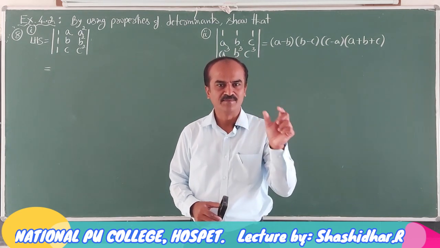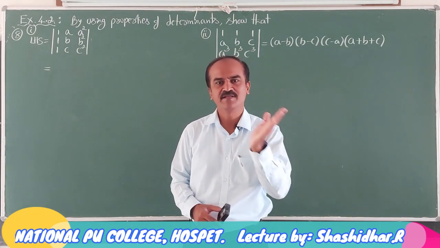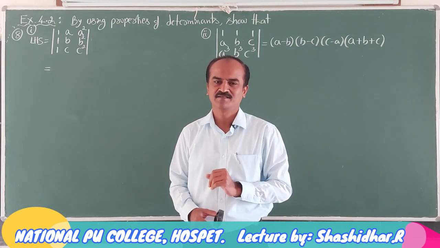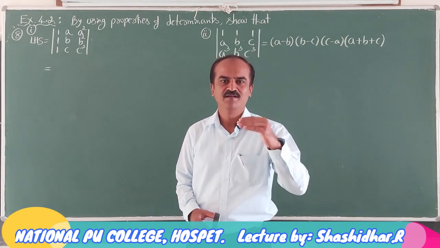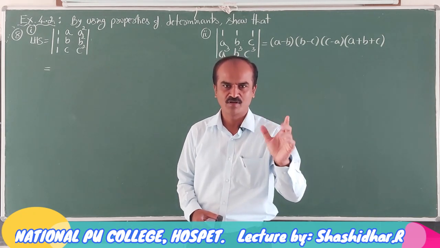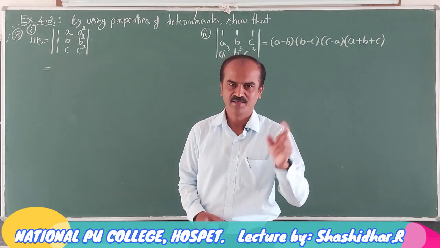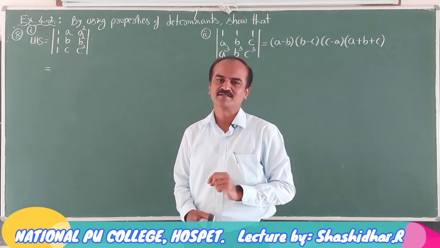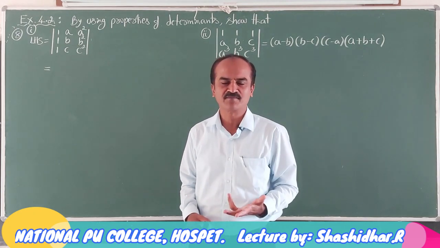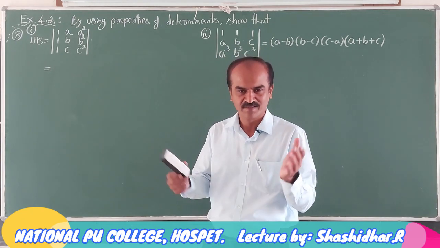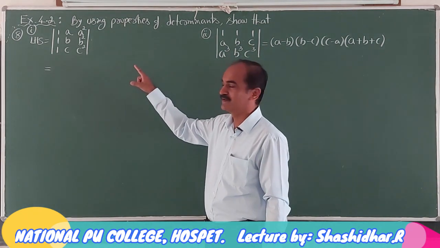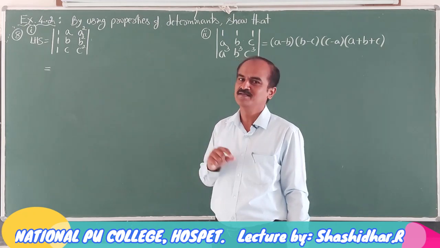If all the elements in a row are multiples of k, you are allowed to take k outside. Since here I am planning for row operation in such a way that all the elements in a row or column are multiples of a minus b, then I can take out that factor a minus b outside. Similarly, next I have to plan for b minus c, next I have to plan for c minus a factor. Then expand the determinant, you are ready with the result a minus b, b minus c, c minus a.